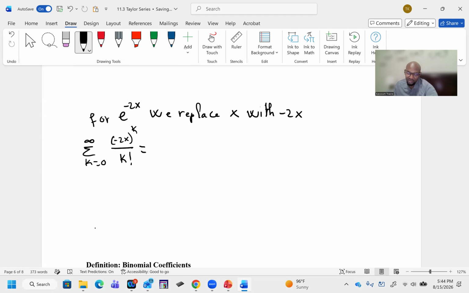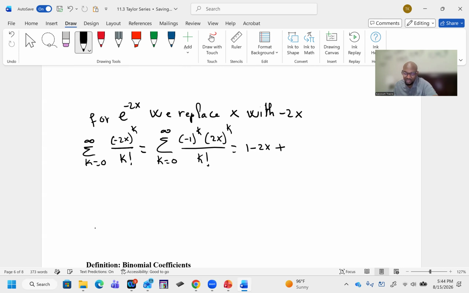The negative you can take out, so that would be the sum from k equals 0 to infinity of negative 1 to the power of k times 2x to the power of k divided by k factorial. If k is 0, we have 1. If k is 1, we have negative 2x.